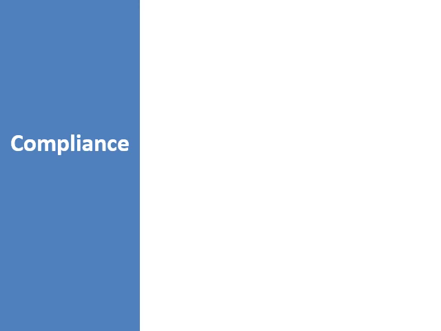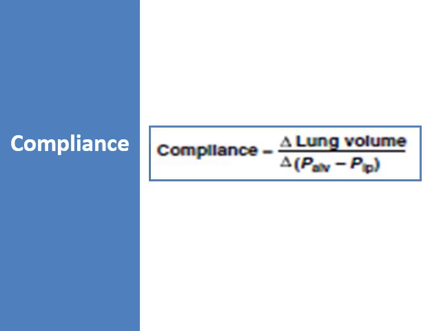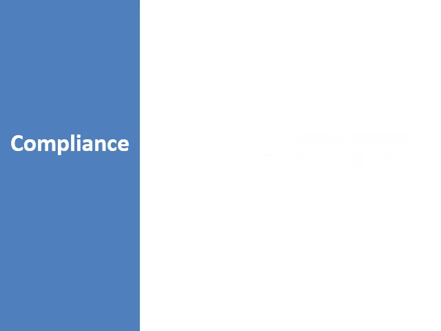Now, we can say that the compliance of the lung is expressed as the change in the lung volume divided by the change in the distending pressure, which is the difference between the pressure inside and outside the lung, which is the difference between the pulmonary pressure and the pleural pressure.